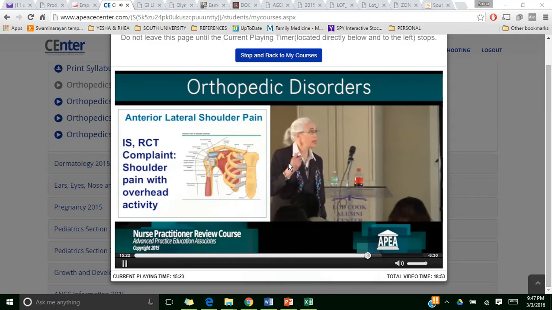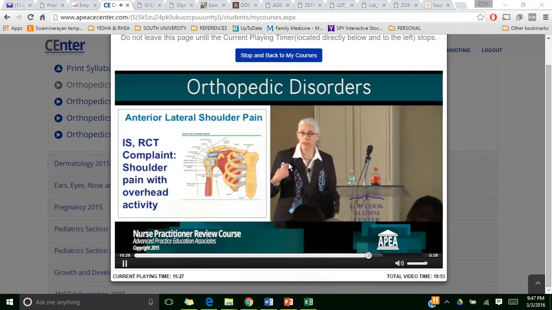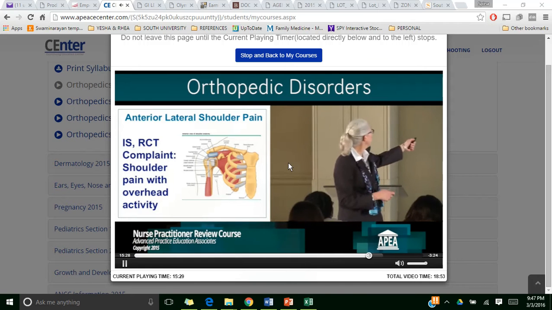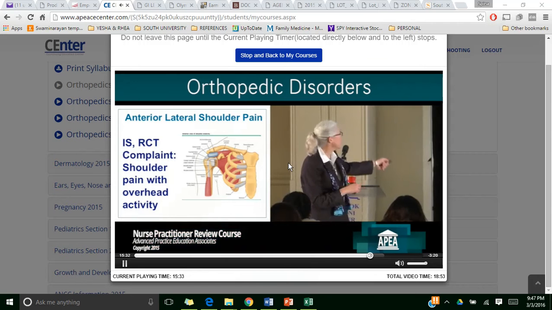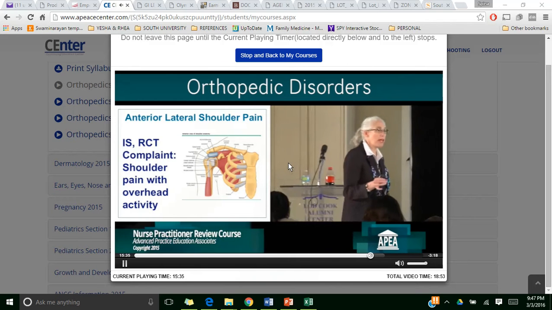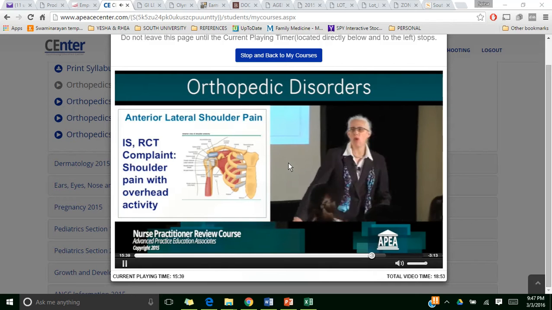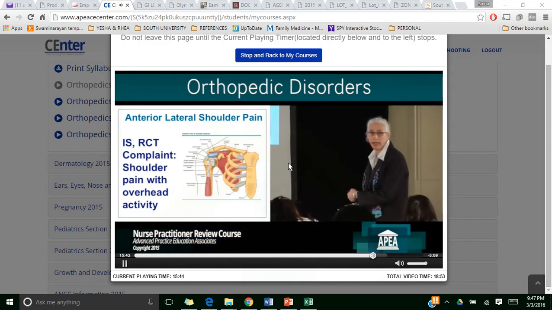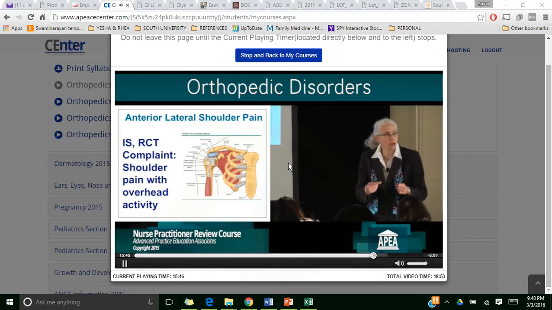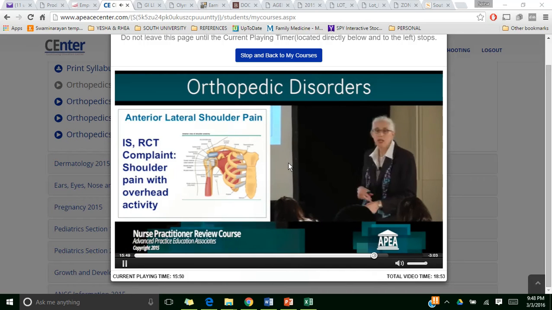Otherwise, heat helps these patients very much, and rest from whatever the aggravating or injuring activity was. NSAIDs may be of help, but your greatest benefit in these patients is going to be to give them exercises that will help the soft tissue and muscles strengthen, because it supports the shoulder joint. So that's why PT is in order. That's why pulling good shoulder muscle exercises off the internet or one of your books is always in order with these patients.